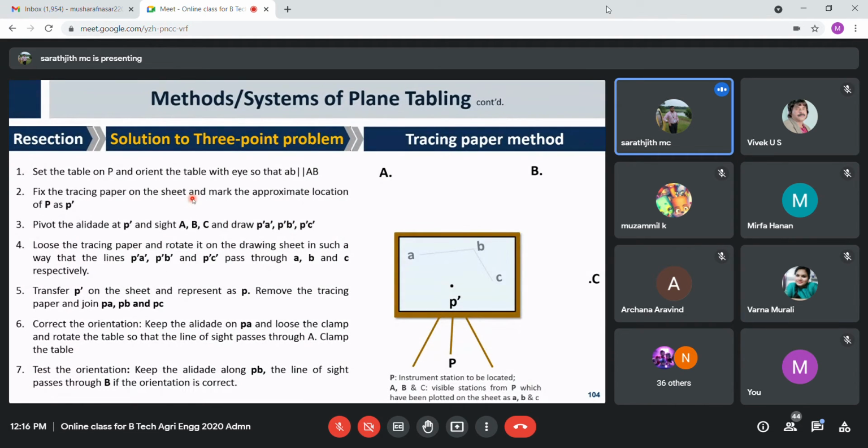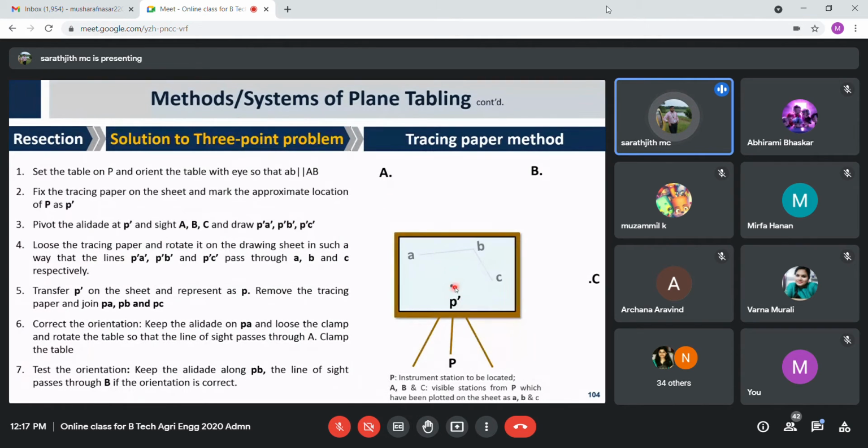Then pivot the alidade at P dash and sight A, B, C and draw P dash A dash, P dash B dash, and so on. At this point, you have to sight point A. You have to place your alidade along this line.